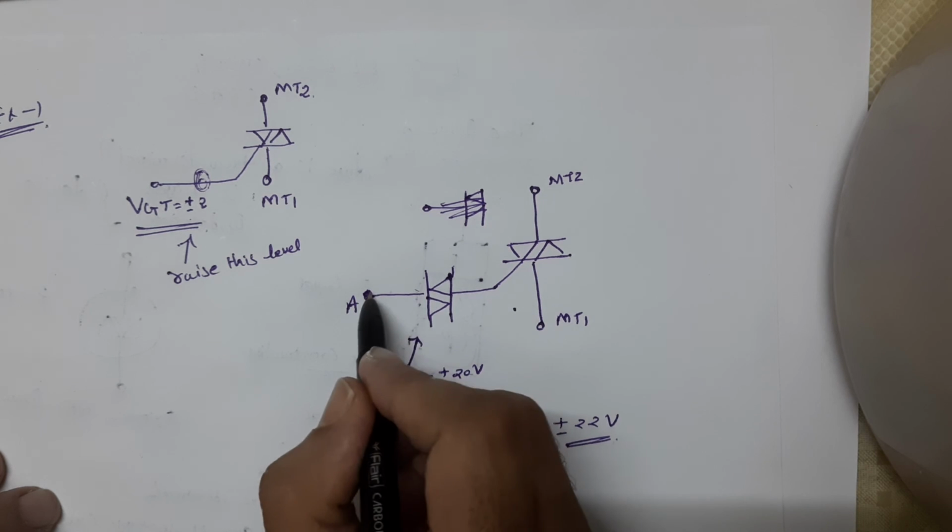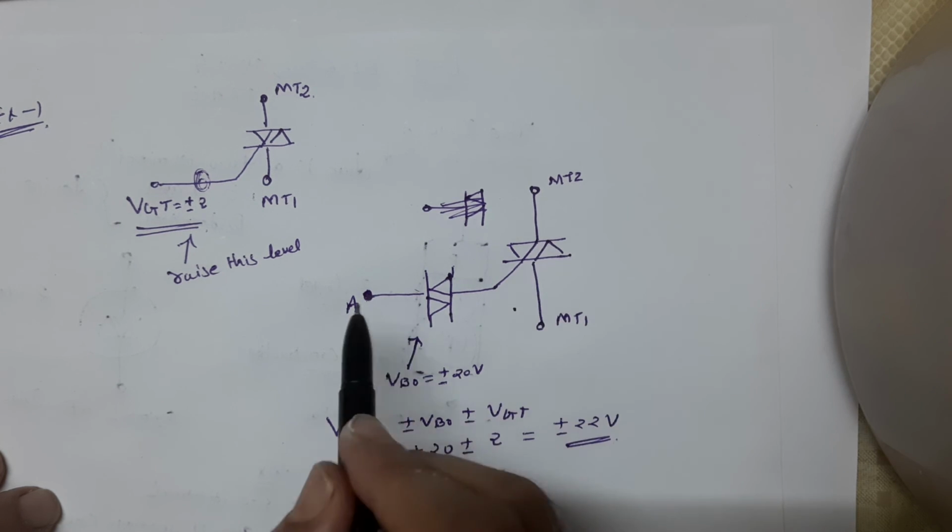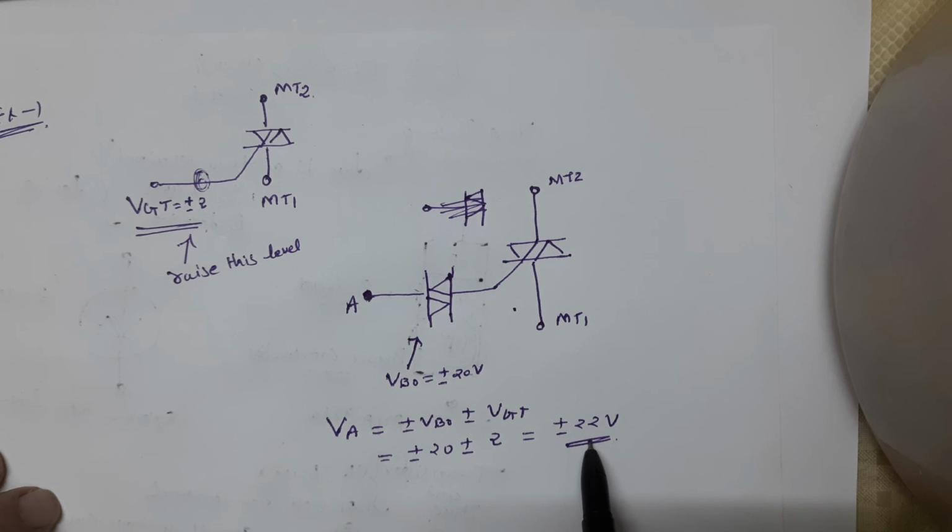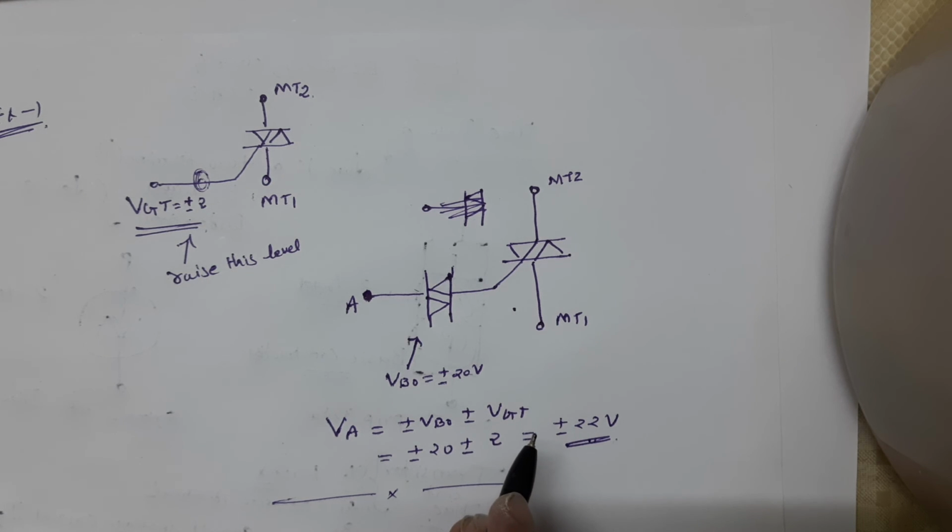That means now the triggering level of the triac increases to nearly 22 volt. In this way, we raise the trigger level of the triac.